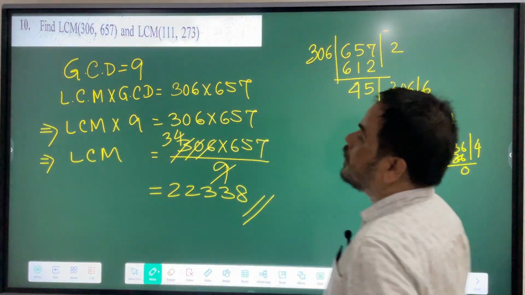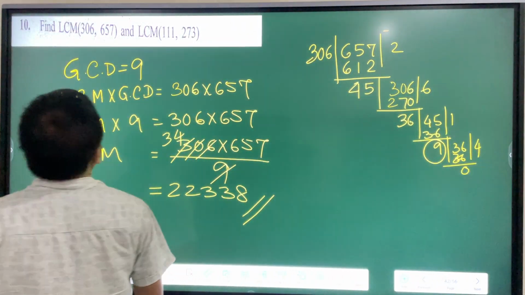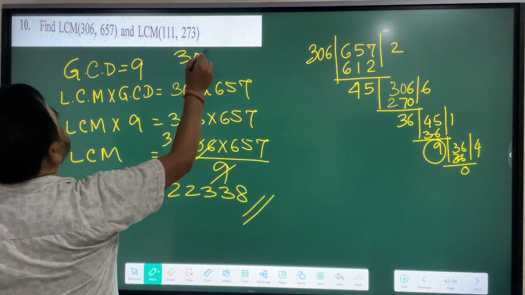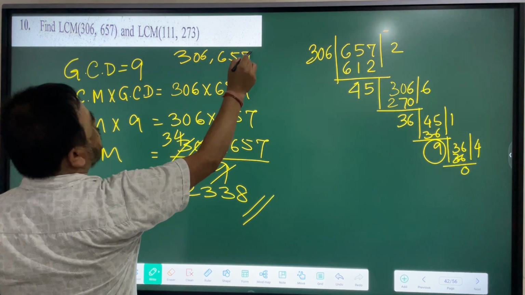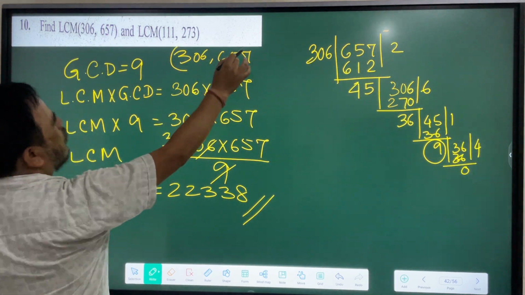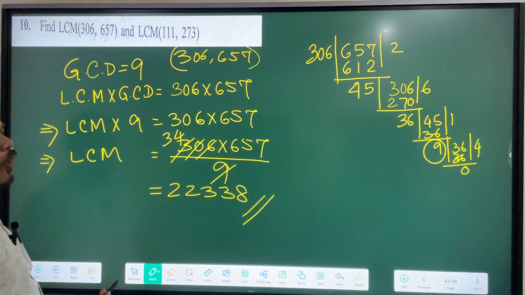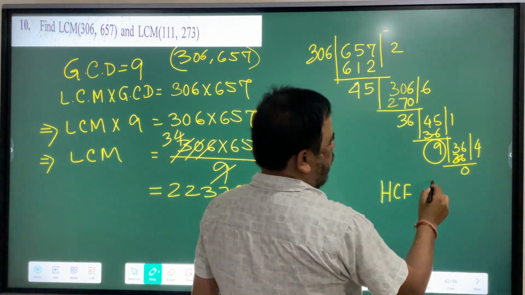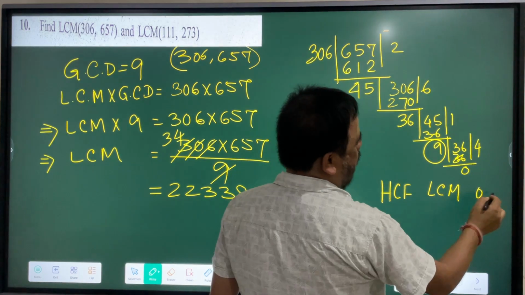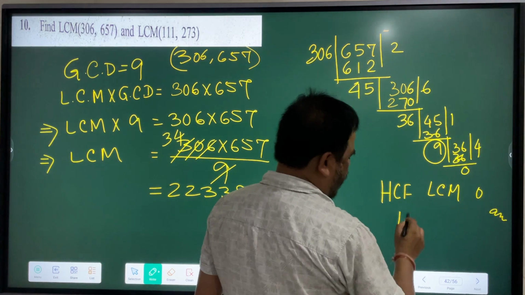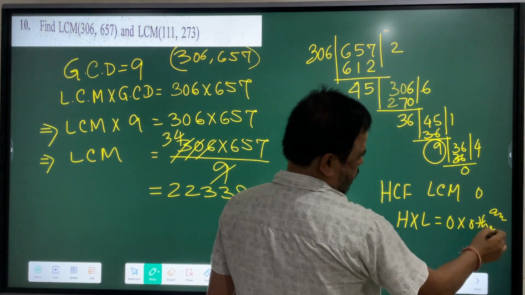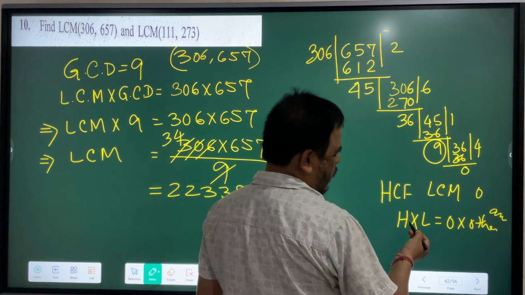Number 10. Find the LCM of 306 and 657. In the previous classes, or in general math, if we know the HCF and the LCM, then there is a formula: HCF into LCM equals one number into the other number.